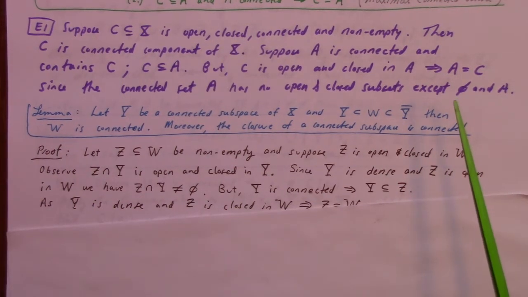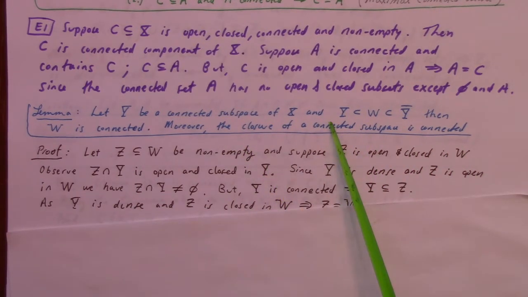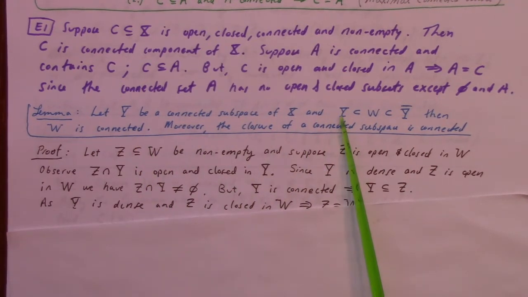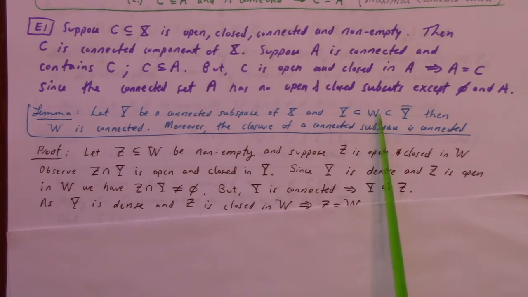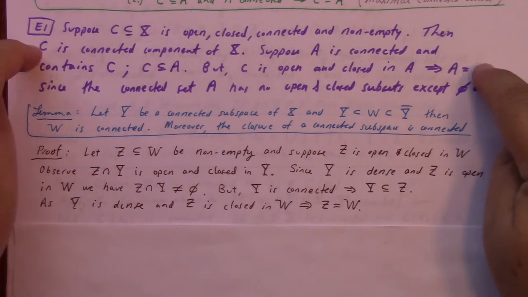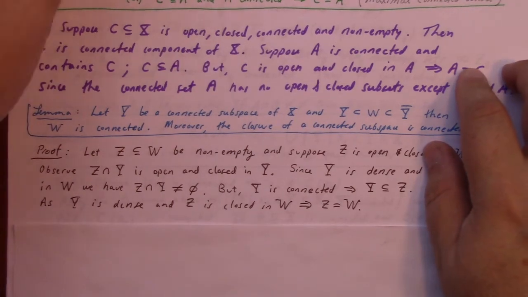Otherwise, if Y being connected implied that Y is closed, then you'd have Y equal to Y closure, and this lemma could be replaced with something less subtle. So I think what's messing with my mind is I'm trying to impose a converse to example 1, which is not true. So anyway, let's go on here.